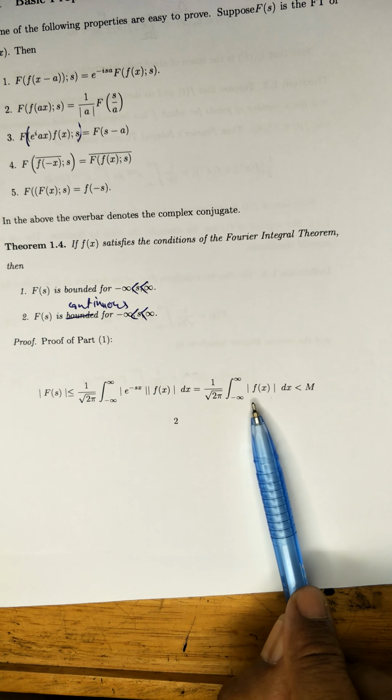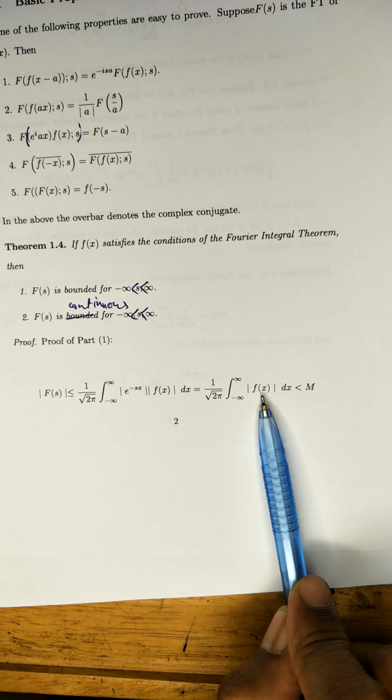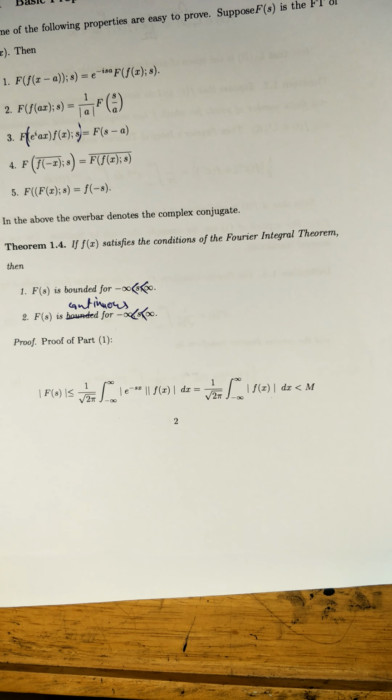And this also, since f is an absolutely integrable function, all these are bounded. So that's the proof for the first part.